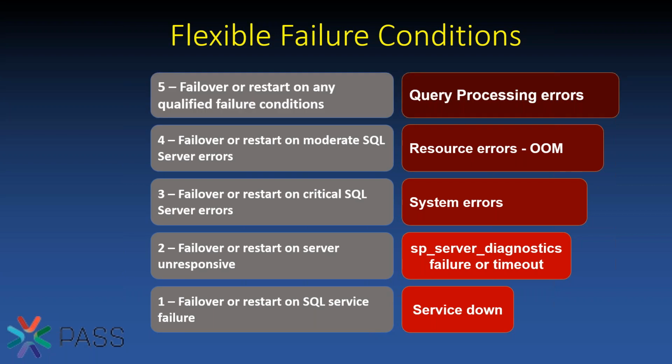And then finally, level 5, we start looking at, are we having unresolved deadlocked schedulers, unresolved deadlocks, things like that. So we start looking at the health of the query processor and the query engine at level 5. It's the most sensitive and would cause failovers to happen potentially more frequently than, say, level 3. So the higher up you go, the more sensitive and the more potential you have for a failure condition and a failover.